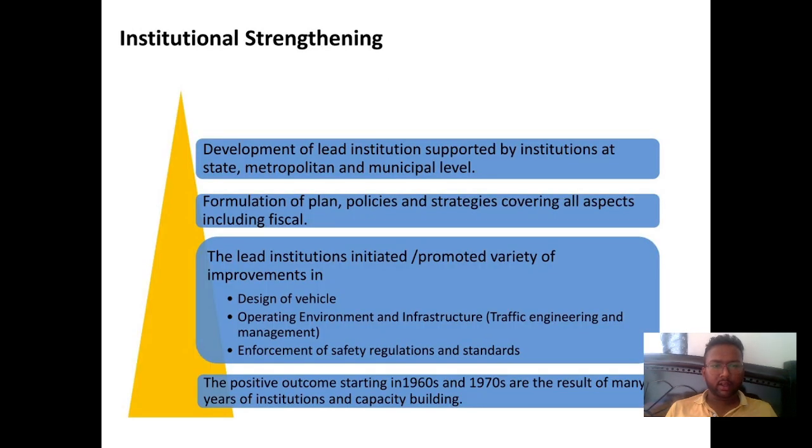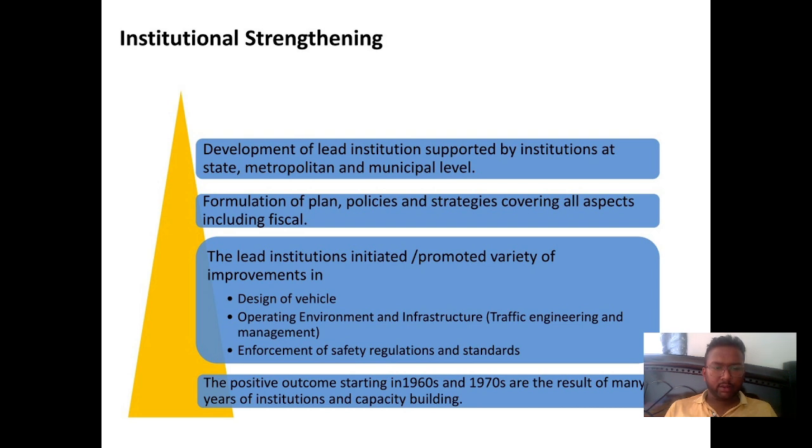Institutional strengthening: development of lead institutions supported by institutions at state, metropolitan and municipal level. Next comes formulation of plans, policies and strategies covering all aspects including fiscal.